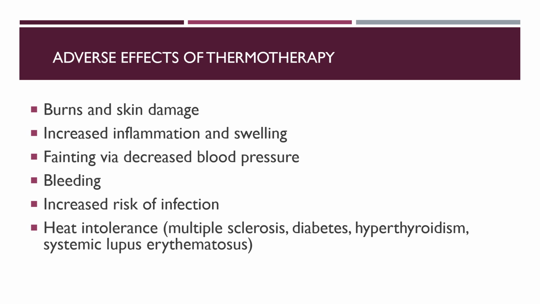You may also see fainting via decreased blood pressure. Just remember that we're opening up these arteries, right? We're vasodilating. We're getting blood flowing to certain areas in the body. And especially if you're going to be putting somebody in like a supine or a prone position and then taking that pack off and having them sit up right away, we're going to talk about orthostatic hypotension in a lot of detail in multiple classes across this entire program.